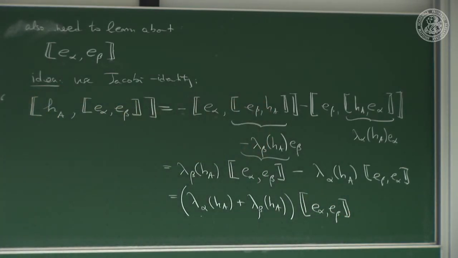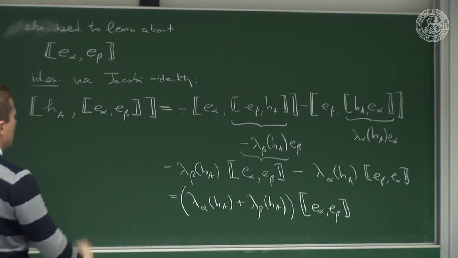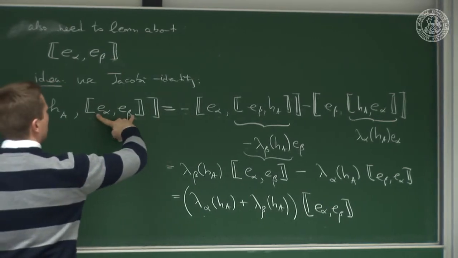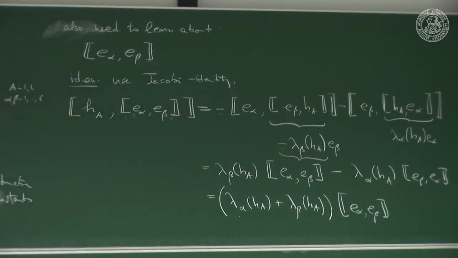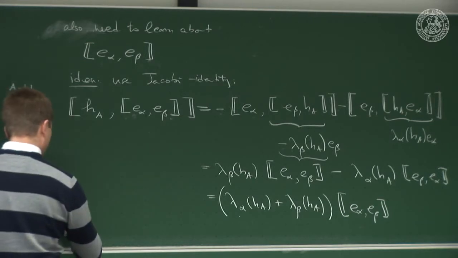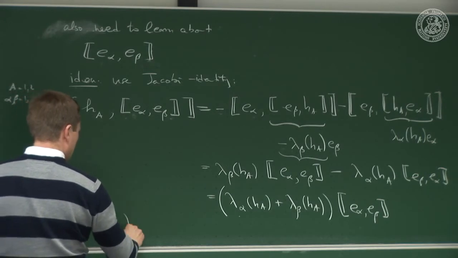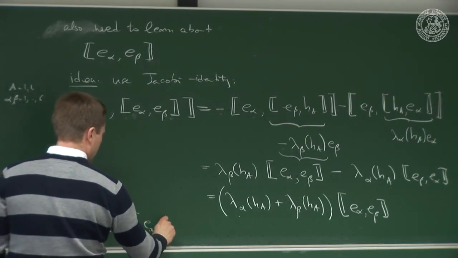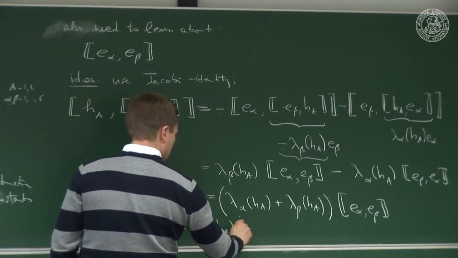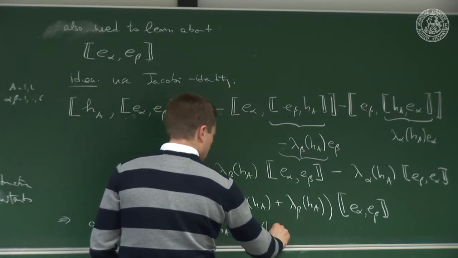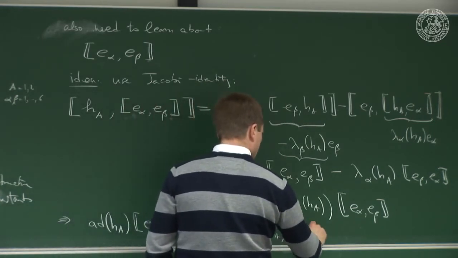Okay, so what does that tell us? Well, that tells us that this bracket [E_alpha, E_beta] is also an eigenvector of the H_A. So therefore we have that ad H_A acting on this commutator [E_alpha, E_beta] is lambda_alpha of H_A plus lambda_beta of H_A times [E_alpha, E_beta].